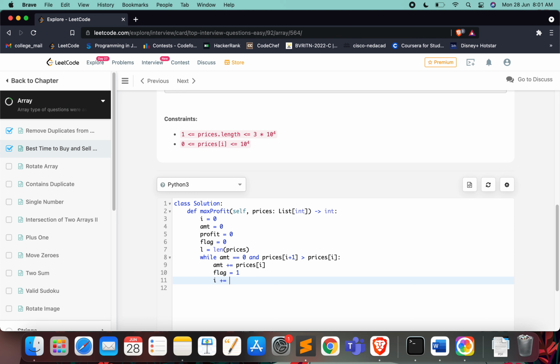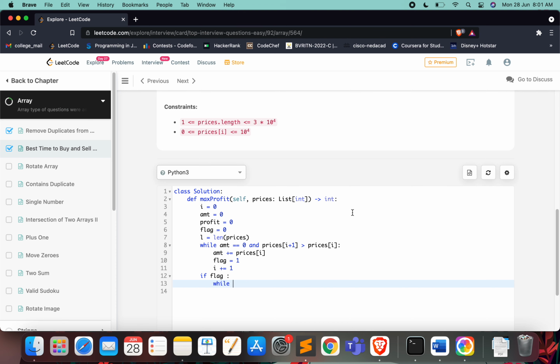After that, we will move to the next. Now we have to sell the stock when we reach the highest next element. So for this, i should be less than L minus 1.